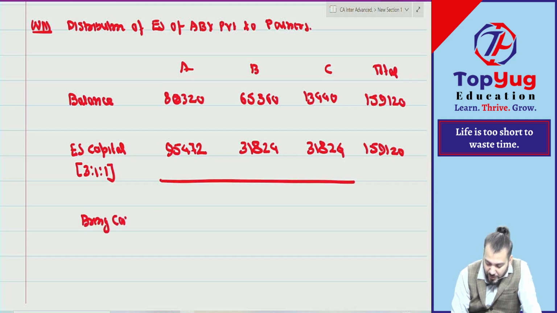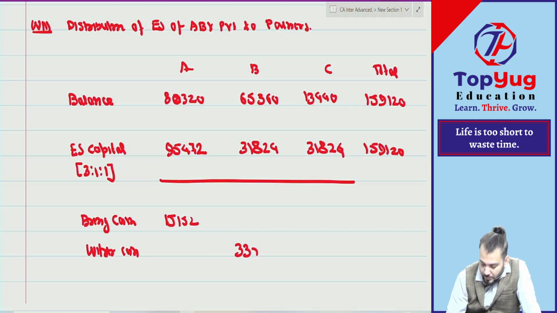A will bring cash now. How much? 15,152. How much B will withdraw cash? 30. And how much C will introduce cash? 18.